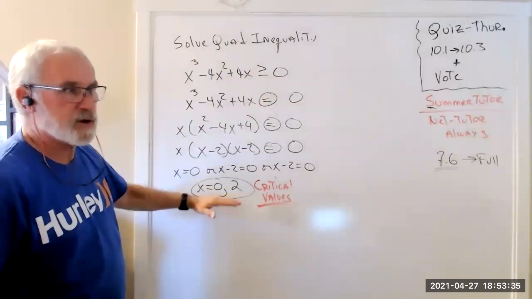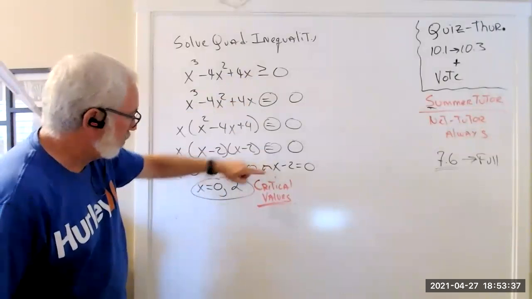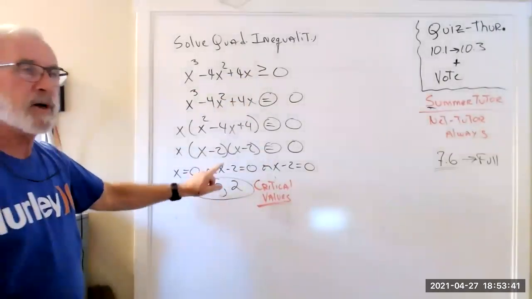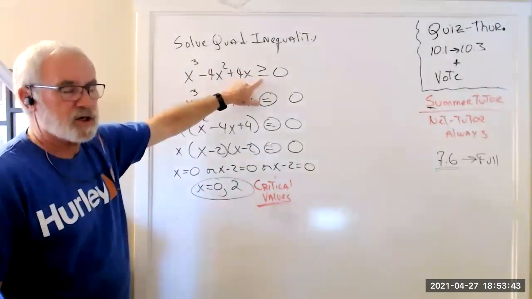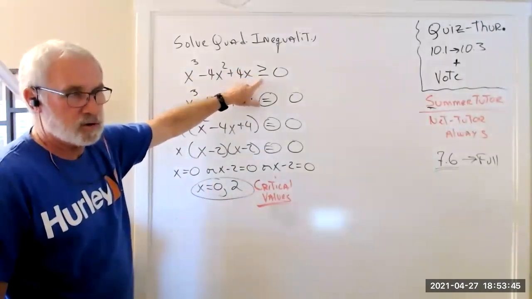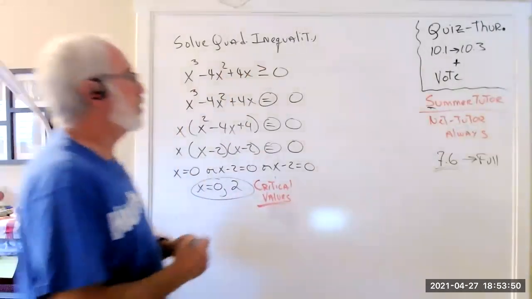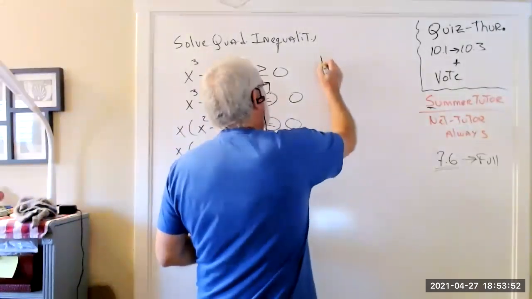If the original problem was an equal, we'd say, hey, there's our answers, we're done, yay. But it wasn't, it was an inequality. So we have to do more. And the more was called interval testing.